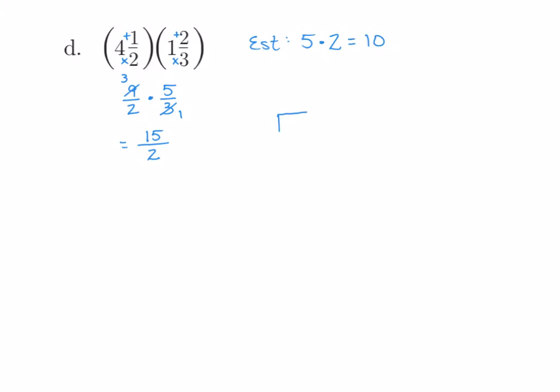If we go ahead and convert to a mixed number, we're going to divide. 2 goes into 15 7 times. 7 times 2 is 14, and when we subtract, we get 1. So this is equal to 7 1/2.